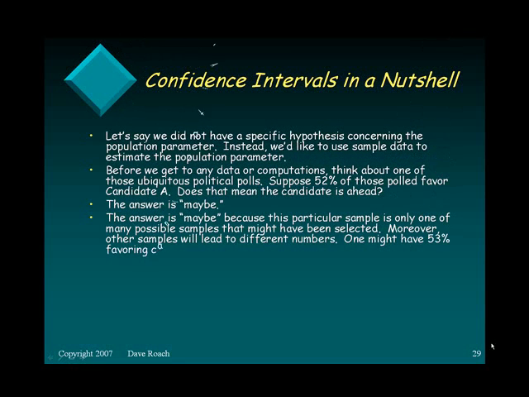Other samples might lead or support other conclusions. We might get 53%, we might get 48%, or so on. Notice that 48% would lead to a different conclusion, but still could be one of the samples that we might draw from this population.